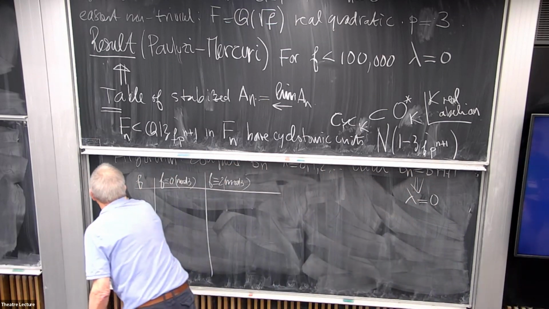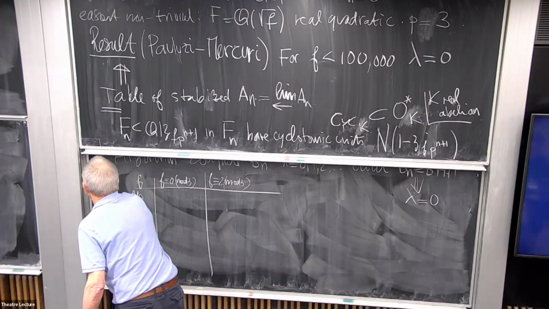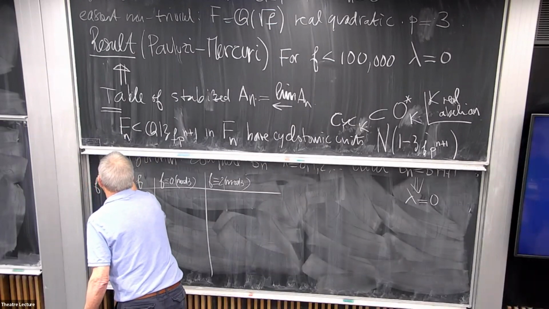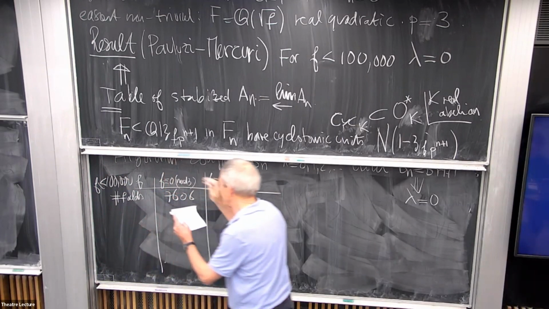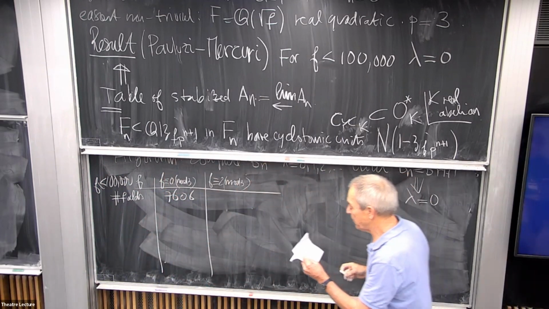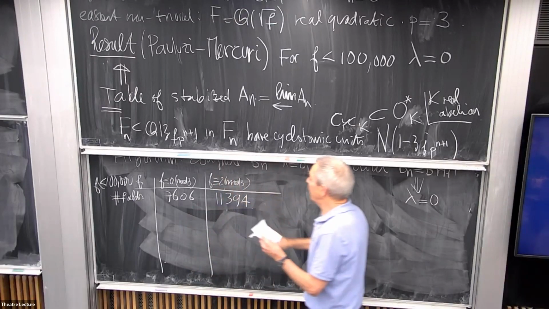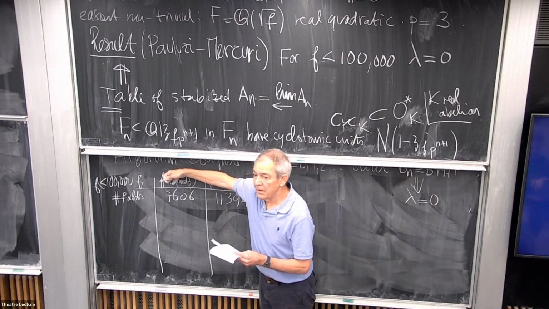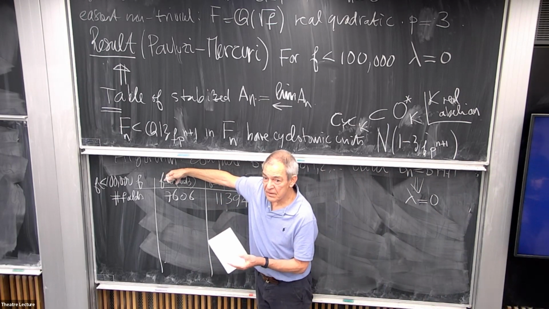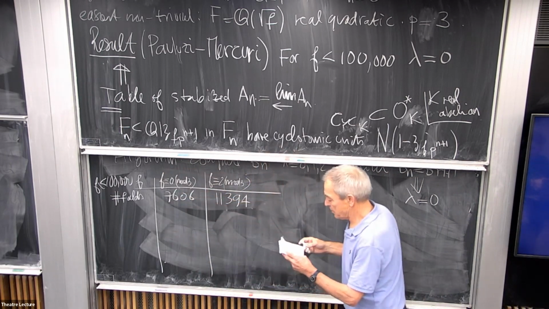So the number of fields in the range, now F is less than 100,000: there are 7606 fields that have their conductor divisible by 3, and there are 11394 fields that have the conductor congruent to 2 modulo 3. If a number is divisible by 3, it is more likely to be not square free. I guess that describes the discrepancy.